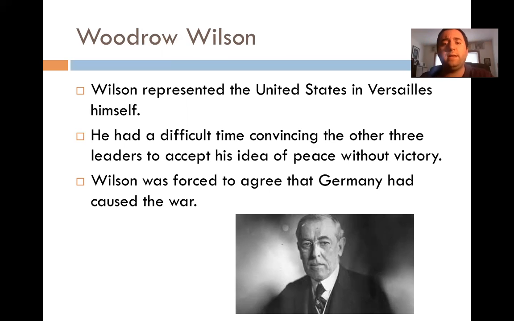Remember when they stockpiled all this equipment, all this ammo, building up this great force. All of a sudden, they're going to be blamed because of all of that. So Wilson didn't agree with this, but he's going to have to work with the other three, and Germany is going to be pinned for this war.